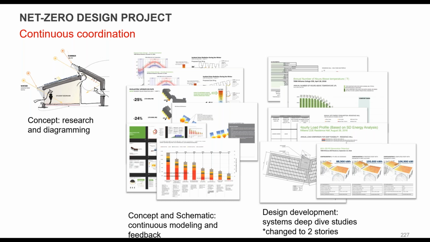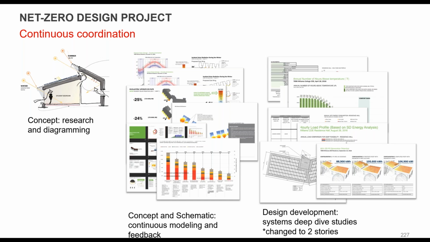You see both the summer and the winter solar angles plotted on that. And when you're moving into schematic, you're doing continuous modeling and feedback as options are being tried by the design team. You're trying to look at what can be done and providing feedback on whether that's going to work or get to the goals for that, and that's really important.